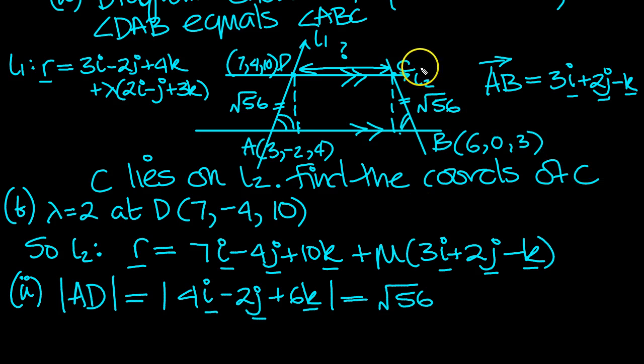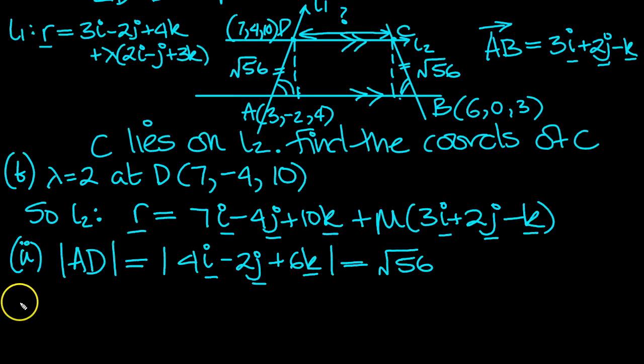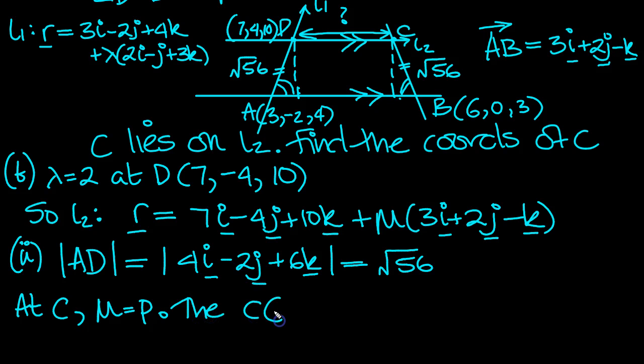Okay, so if we have the coordinates of C, we know it's on line L2 at C. We'll let mu equal a parameter value p. What are the coordinates of C? Well, it lies on this line where mu equals p.